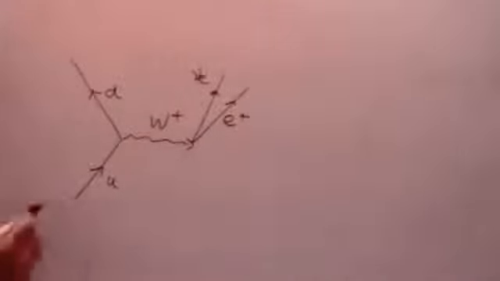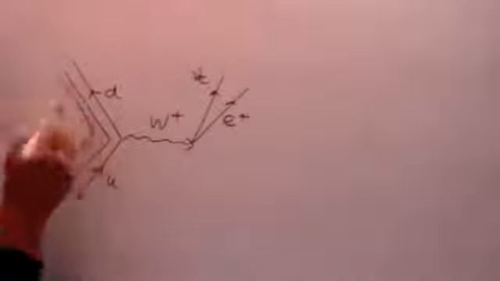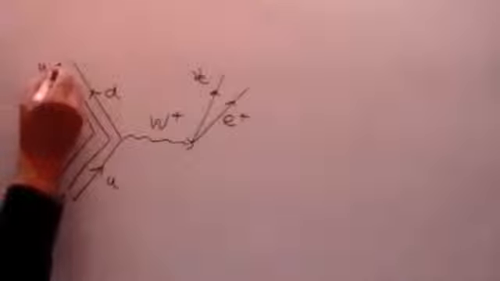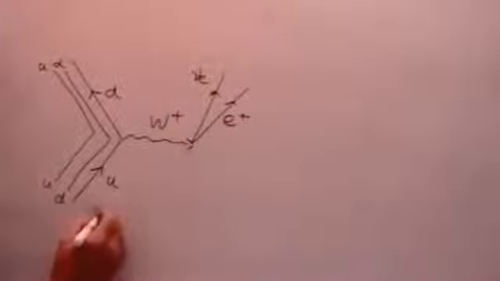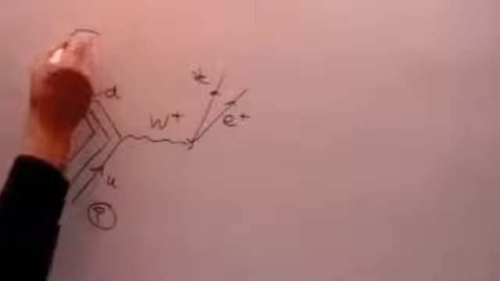And of course what you've got here, just before, as we had before, two other quarks which don't change. So there'll be a down quark and an up quark, which remain down and up. So you've got an up, down, up, that's a proton. And here you've got an up, down, down, that's a neutron.